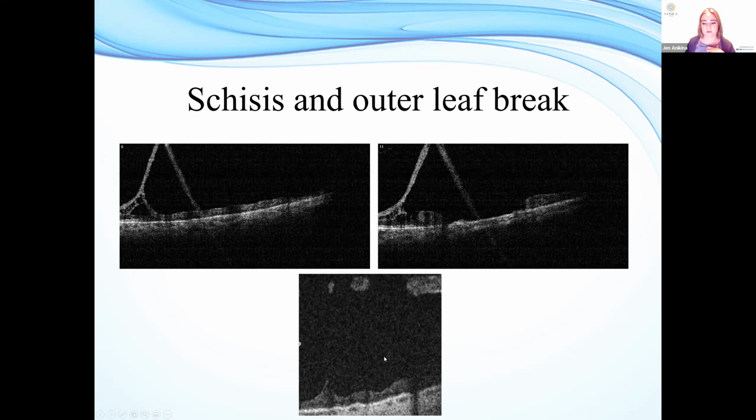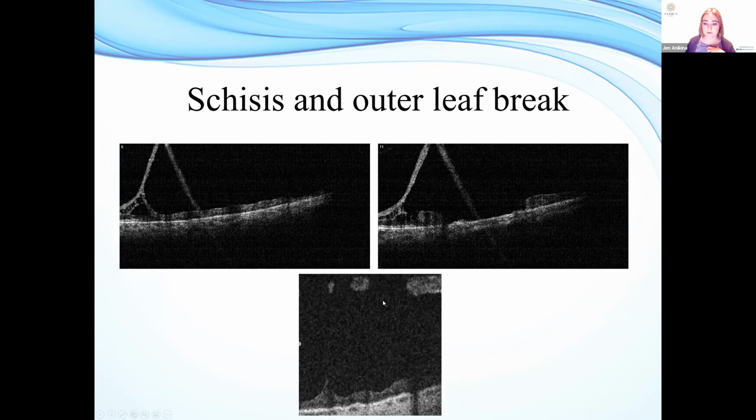This bottom one I quite like. This is one of my patients, and you can just see these little dots of retinal tissue at the top as the outer leaf, and the lower leaf is sitting here, and these gaps are outer leaf breaks. So they're the holes you quite clearly see in retinal schisis patients, but they're not through and through holes. They're not full retinal holes, and therefore we do not worry about them.